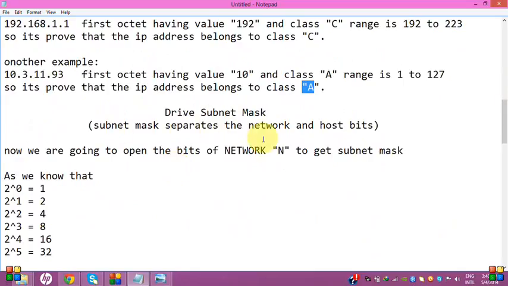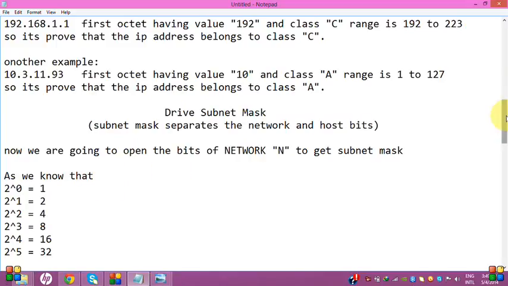Derive the subnet mask. The subnet mask separates the network and host bits. It helps us understand the network bits and host bits in an address.